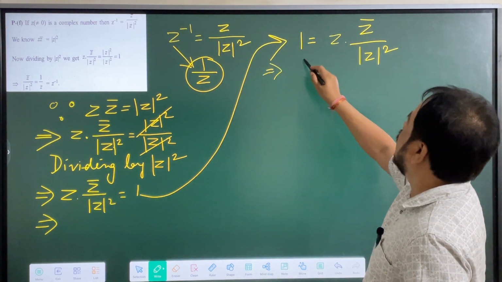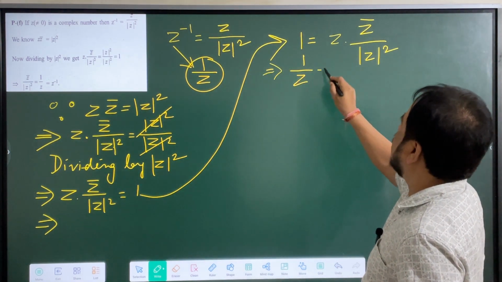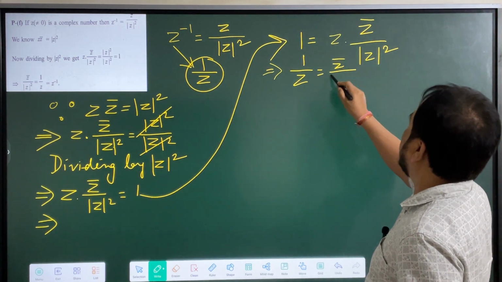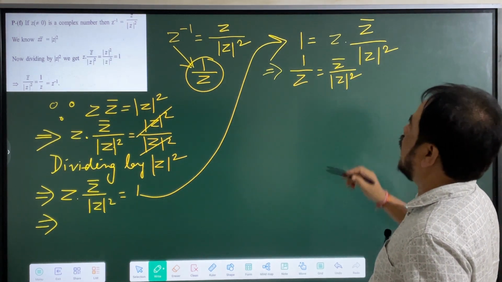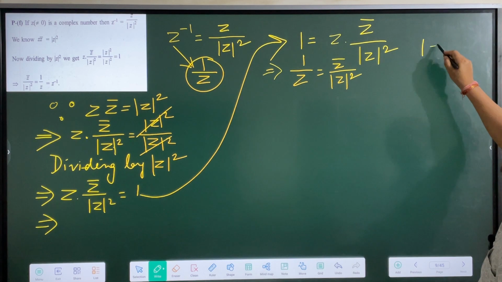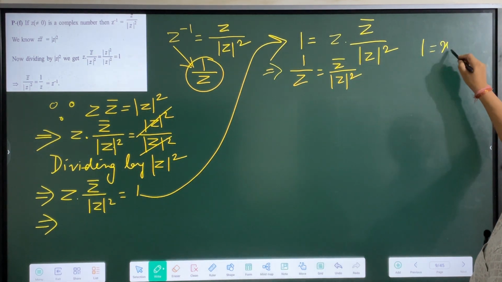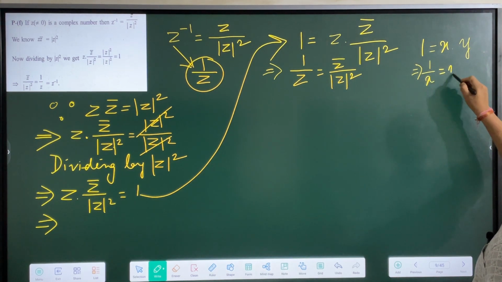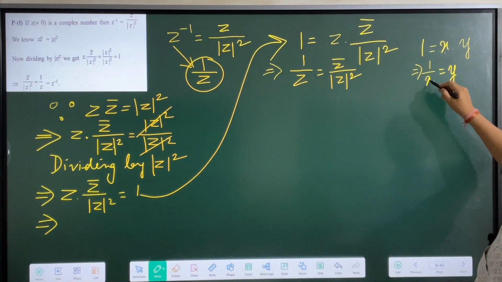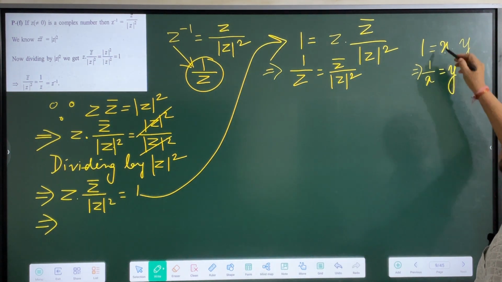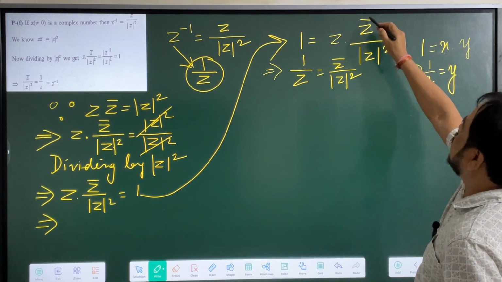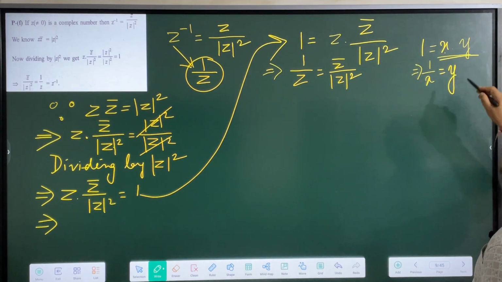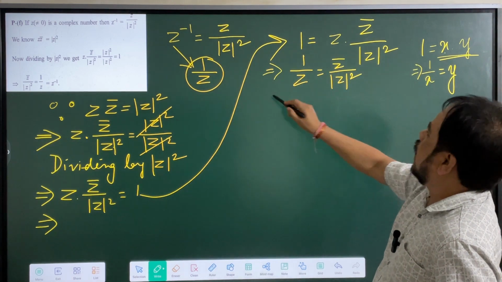So here 1 by Z equals Z bar by mod of Z square. I will show you one example. 1 is equal to X into Y. We can write 1 by X equals Y. If we do cross multiplication, we will get the same thing. This is X, this is Y, so this one has gone down.